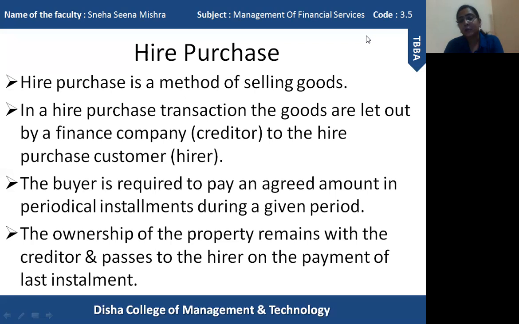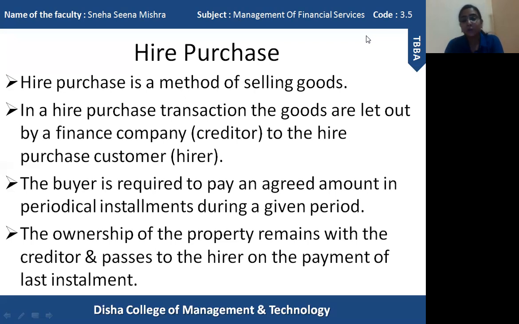First of all, they are going to fix the amount of money which is going to be paid in various number of installments. These installments must be paid within a particular time period. Like in every month the buyer is supposed to pay a certain amount of money as an installment. So these are considered to be periodical installments, means after a certain number of days installments will be paid.